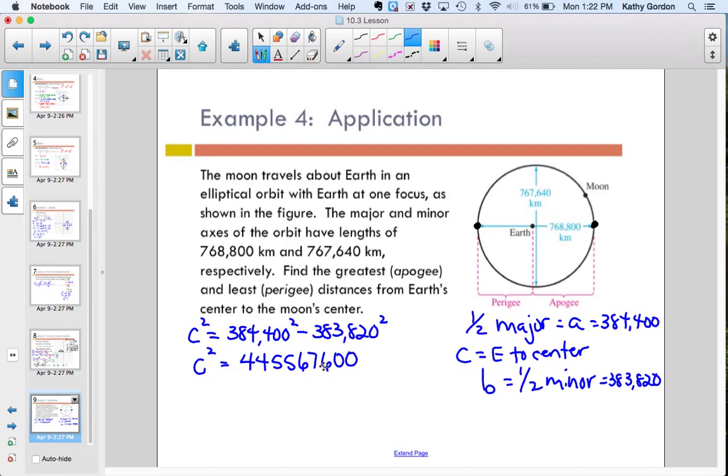That's right. Okay. So that means C has to equal what?